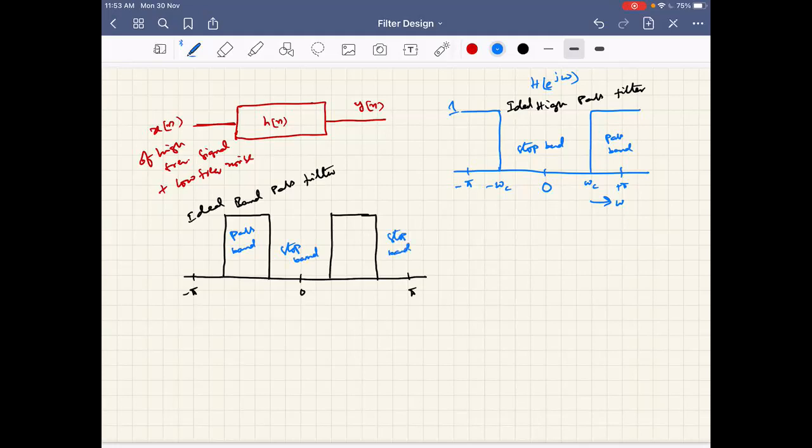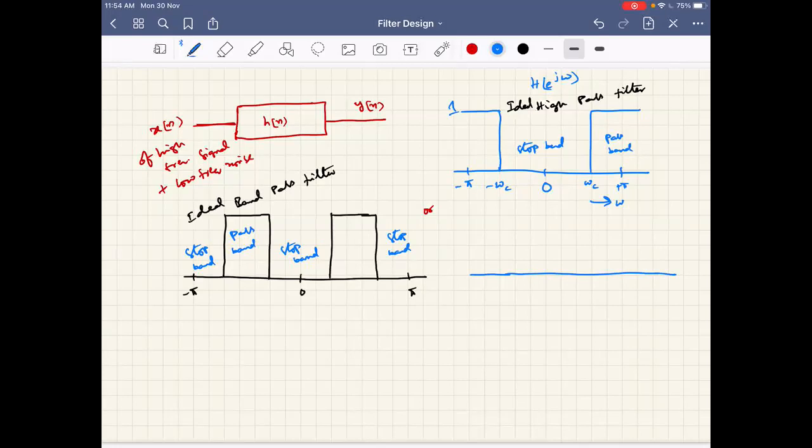Most of the time I am sketching symmetric filters. The frequency domain representations of these filters, if you see, are all symmetric. Can you tell what may be the reason why I am sketching symmetric filters only? The reason is that the symmetry in the frequency domain is ensured by the real coefficients of h of n. Most of the time we prefer to realize the filters through real coefficients in h of n.